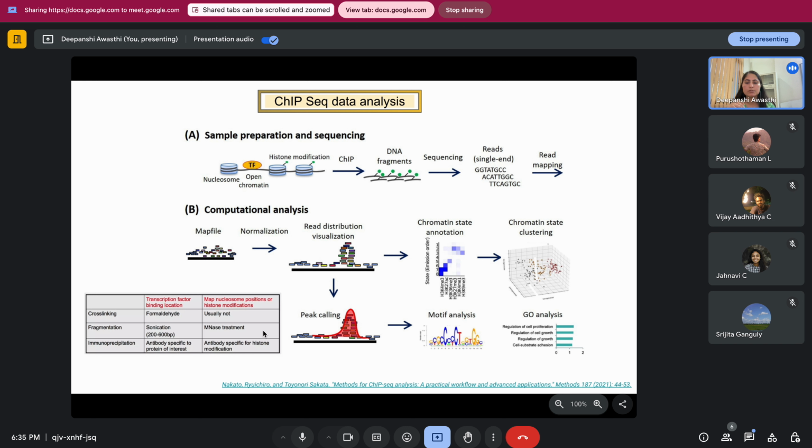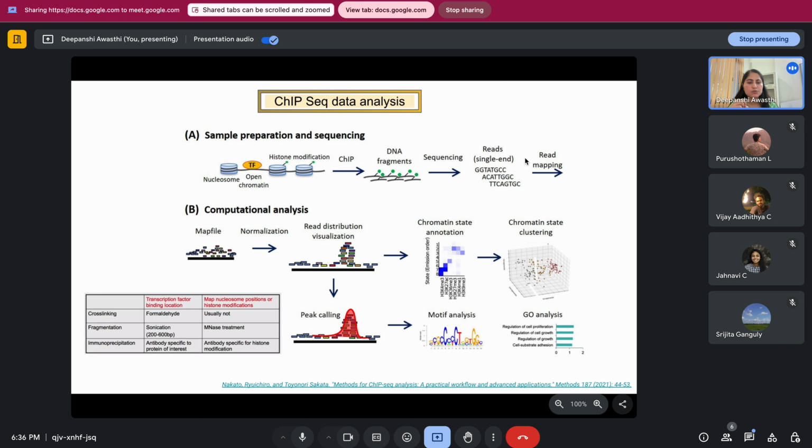The rest of the regions will be cleaved with the MNase. Then immunoprecipitation. In this case the antibody will be specific to that particular transcription factor, whereas in the case of histone identification, the antibody will be specific to the histone modification or that particular histone protein for which you are looking for the DNA binding region.